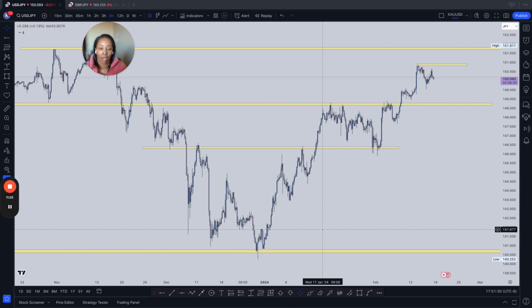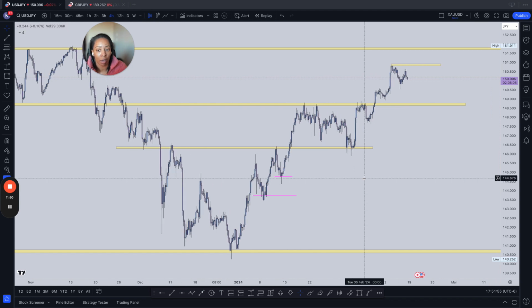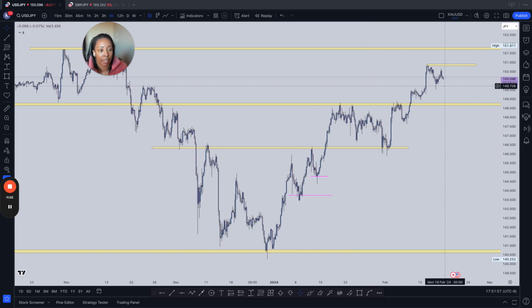So me marking off these tiny levels, like for instance, right here, that pink line right there, or like this zone right here, not really going to mark those off. I'm going to keep them on here, but basically, this isn't something that I would be looking for as a trade idea, but I like this.